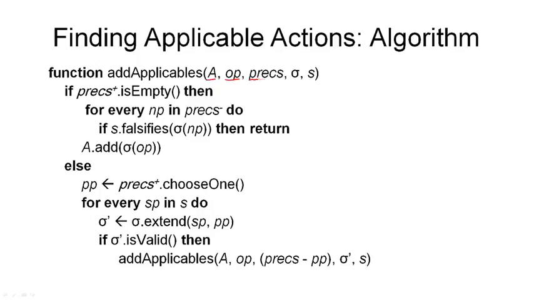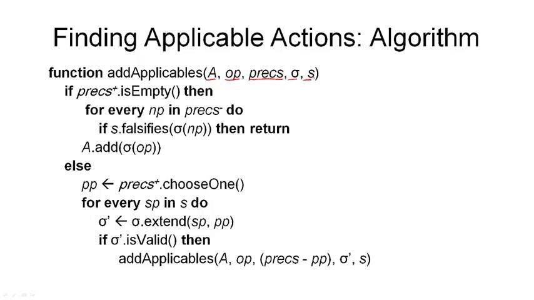We have a set of remaining preconditions of this operator, so these are the preconditions we still need to look at. Initially, these are all the preconditions of the operator. Then we have a substitution for the variables that are parameters of the operator. Initially, no variables are replaced by values. And then, of course, we have the state in which we are trying to apply this operator. So the algorithm will first deal with all the positive preconditions.